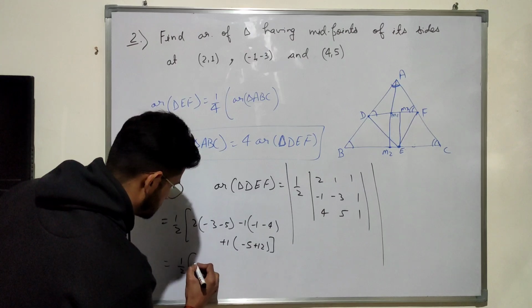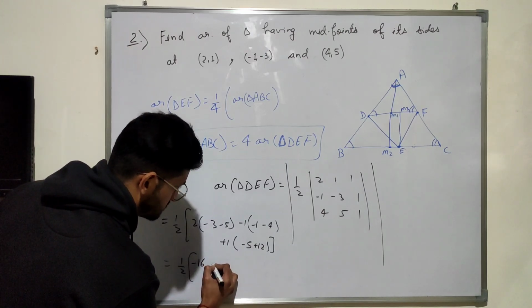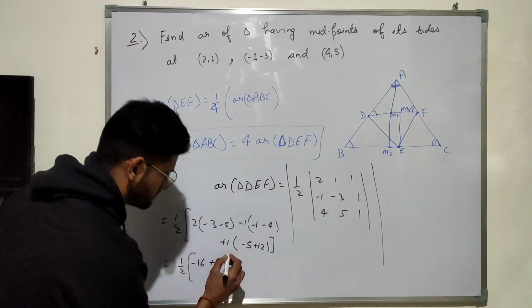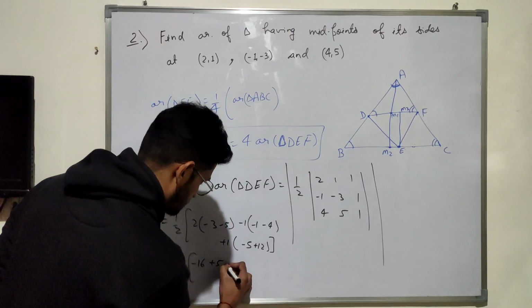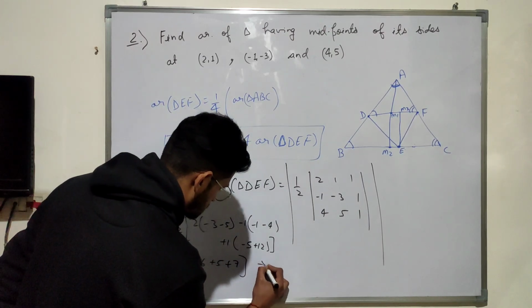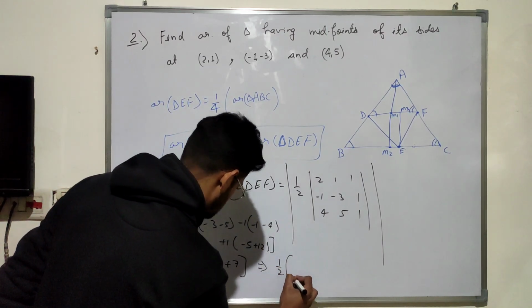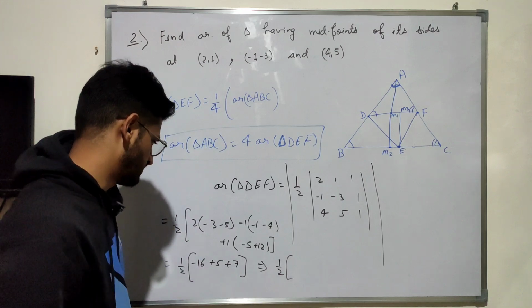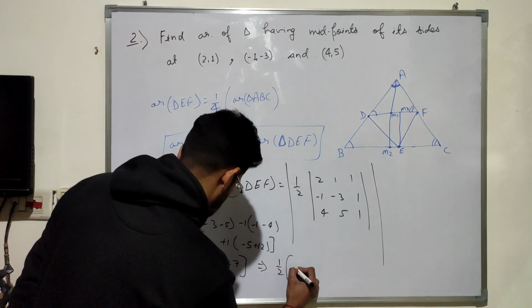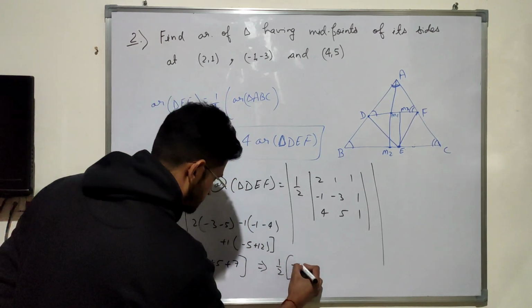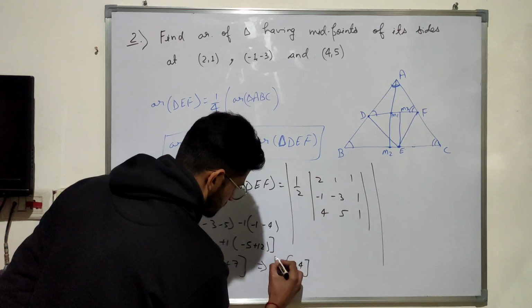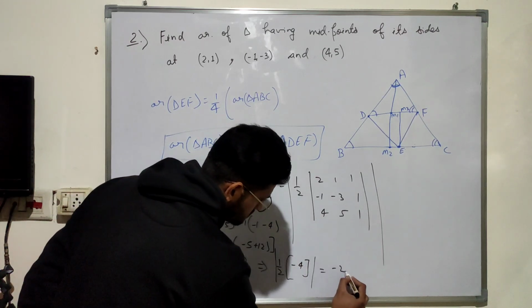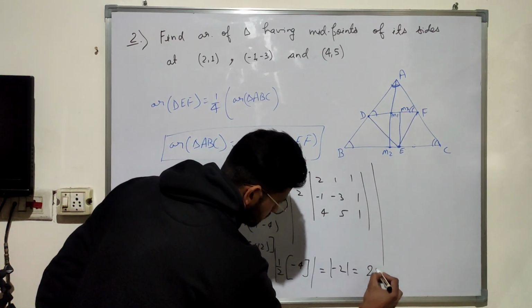Here we are getting -8 multiplied by 2, that is -16, then -5, -1 plus 5. From here we are getting +7. After solving it, we get 7 plus 5, which is 12. That is going to be 12 minus 16, that is -4. We will take the modulus here. It is going to be the modulus of -2, which is equal to 2.